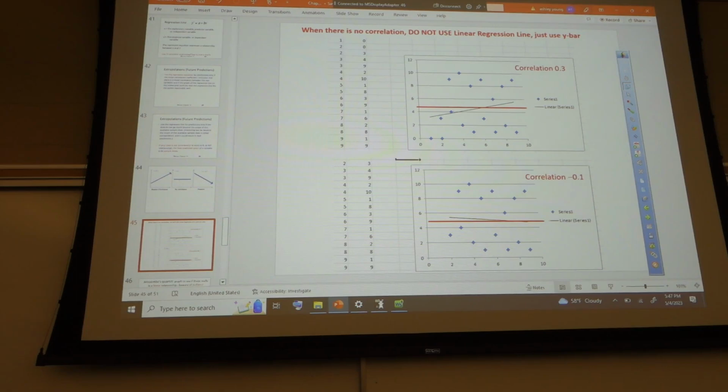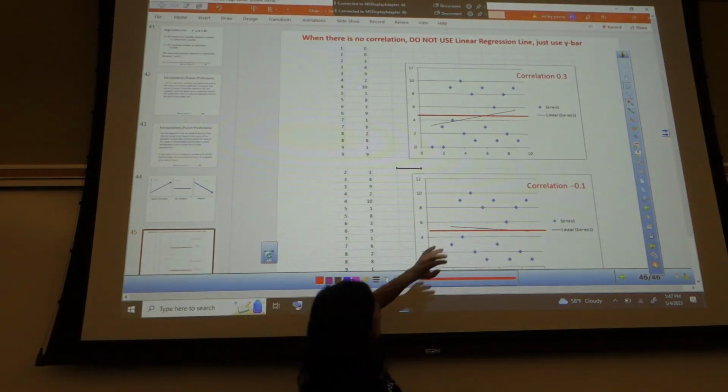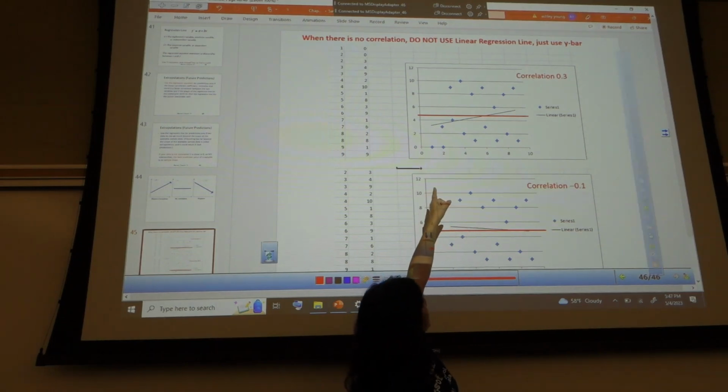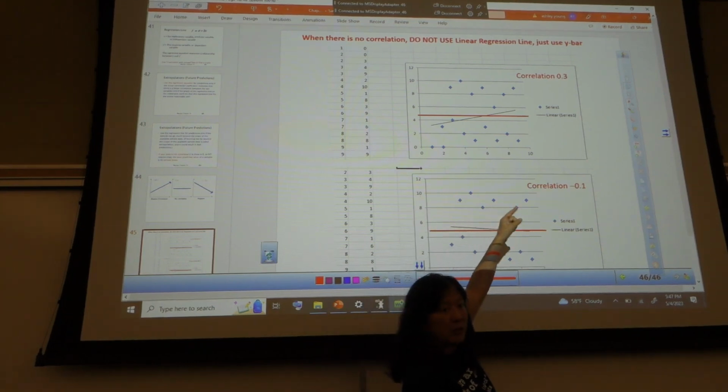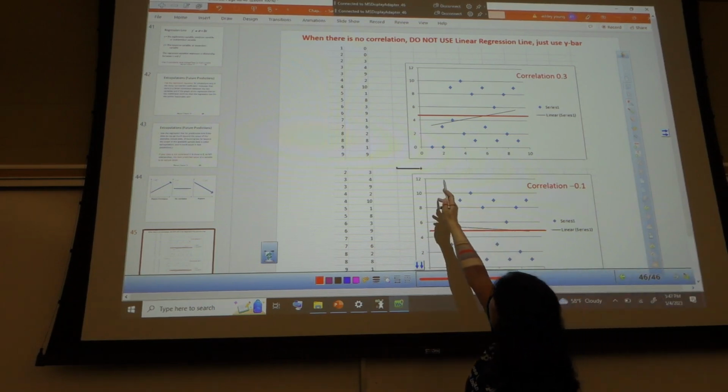Here's another example. This is one that I made up on my Excel sheet. I put in the average in red, and then there, see how I found a linear regression? That black line is the linear regression line, and it's going slightly upwards, right? So for a small value, it would predict it to be down pretty low.